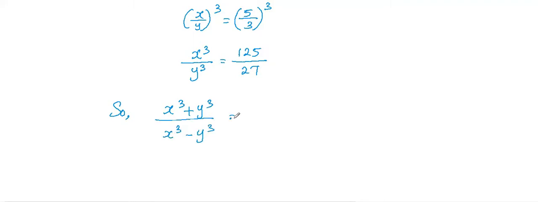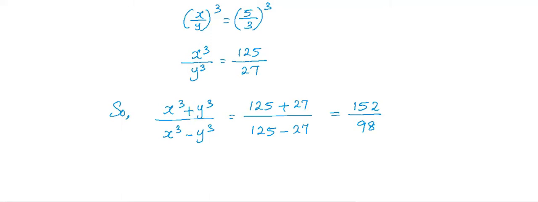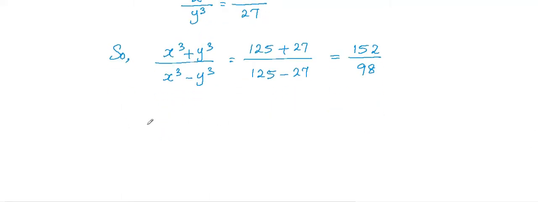So (x³ + y³)/(x³ − y³) becomes (125 + 27)/(125 − 27), which is 152/98. If we simplify this, both are divisible by 2.